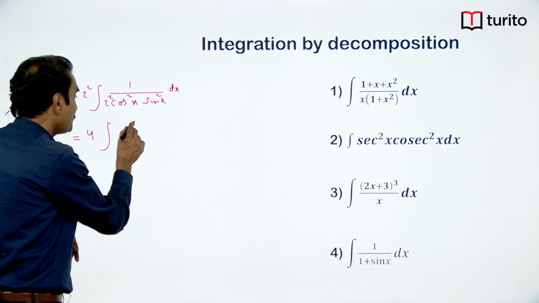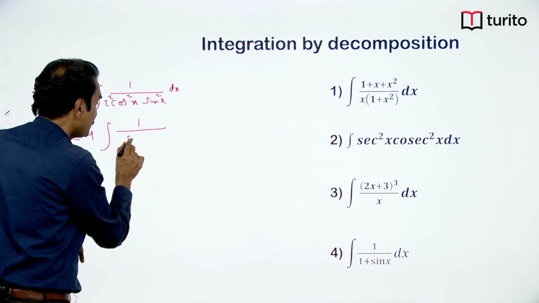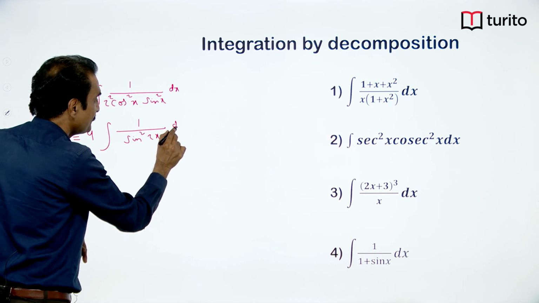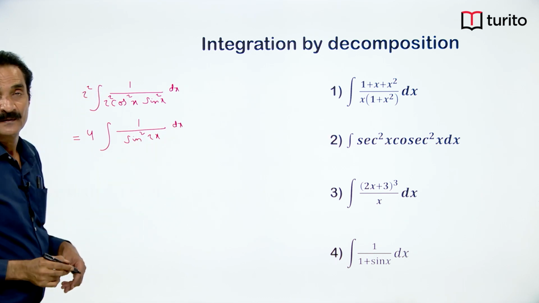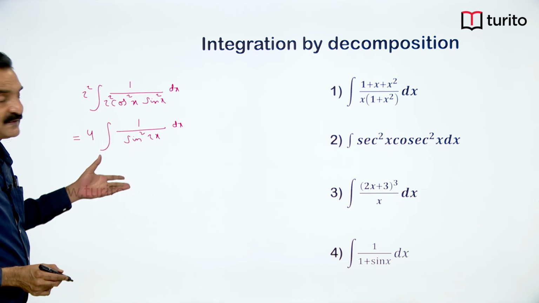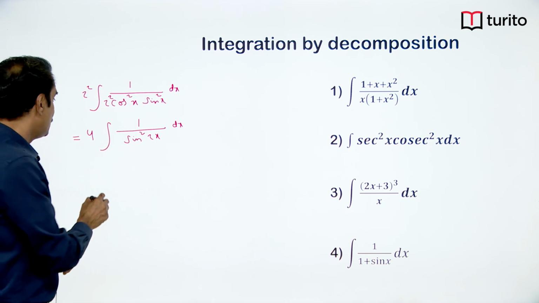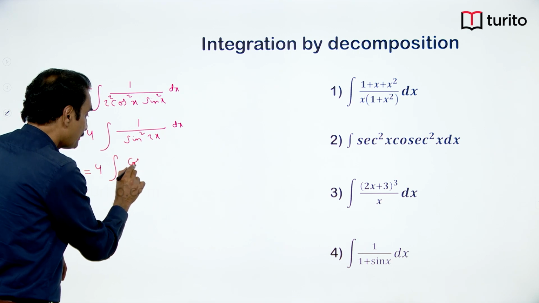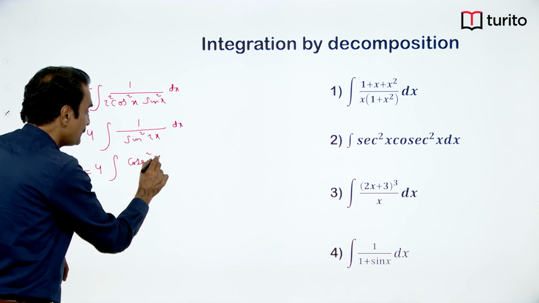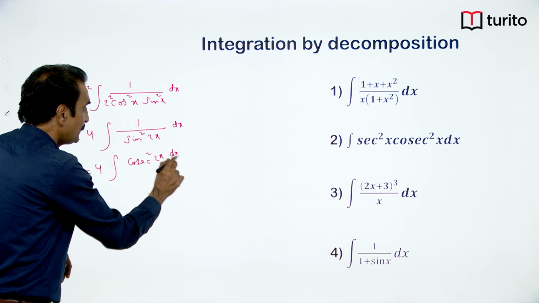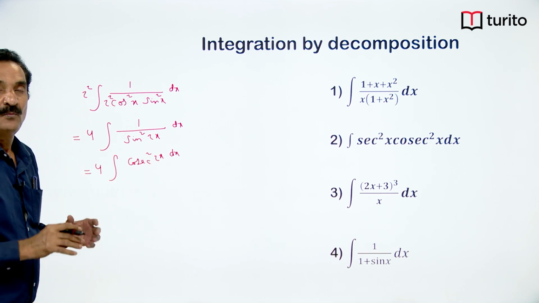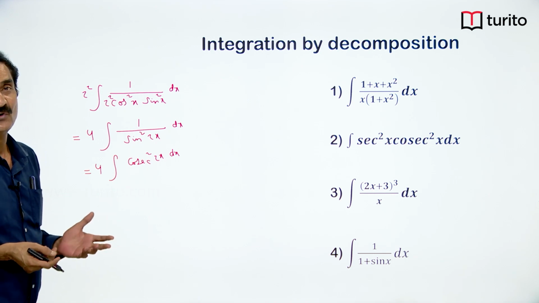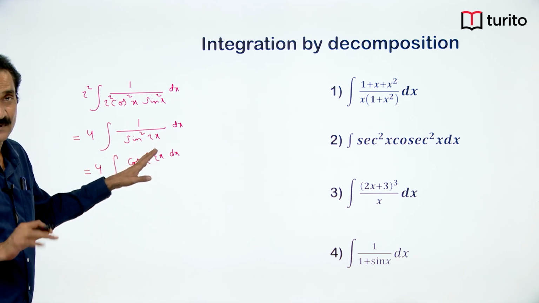So, it becomes 1 by sin square 2x. 1 by sin square theta is cosecant square theta. It is integral cosecant square 2x. What is integral of cosecant square x? Minus cot x. But it is 2x, but no problem.